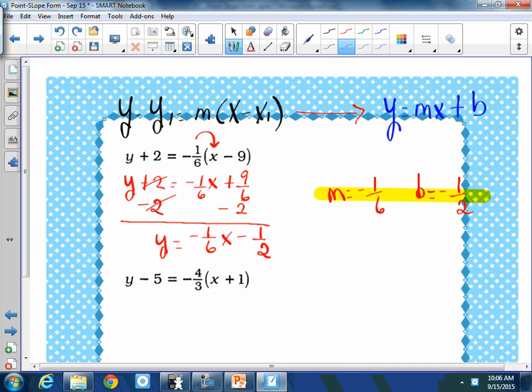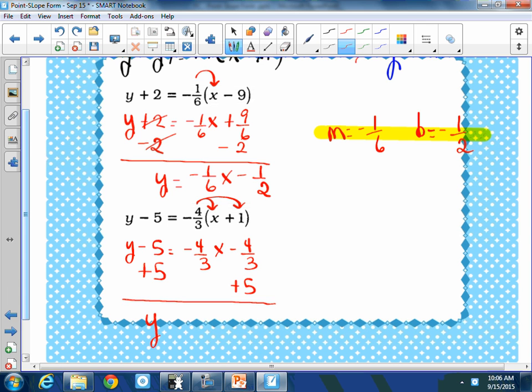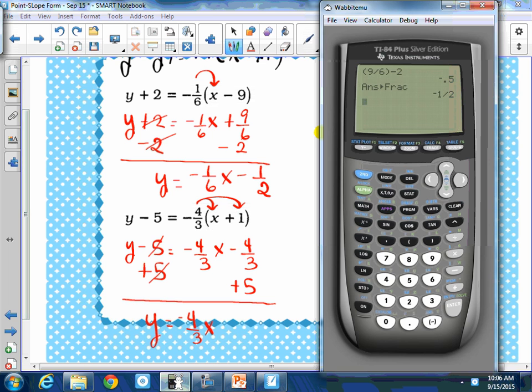All right, let's do the next one. -4/3 times x is -4/3x. -4/3 times 1 is -4/3. Plus 5. That is 0. So y equals -4/3x. And now I grab my calculator and I'm going to do this: -4/3 plus 5.